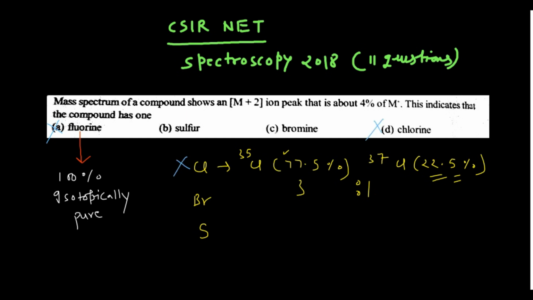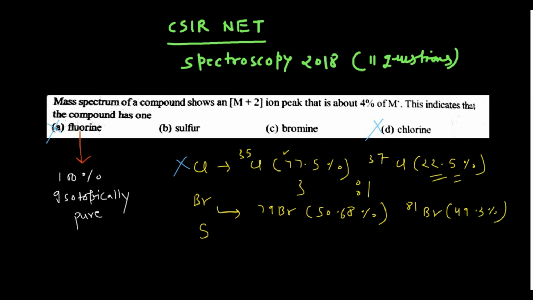Similarly, if you go for bromine, I am writing here for bromine. Bromine 79 is roughly 50.68%, and then you have bromine 81, roughly 49.3%.